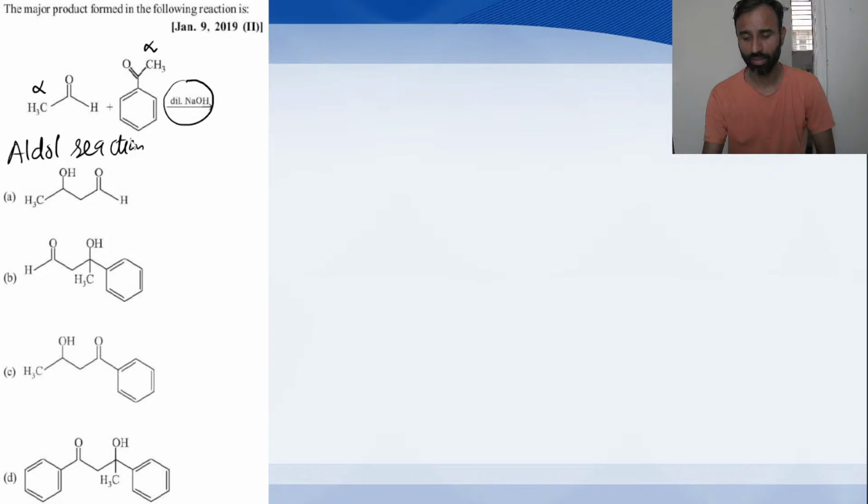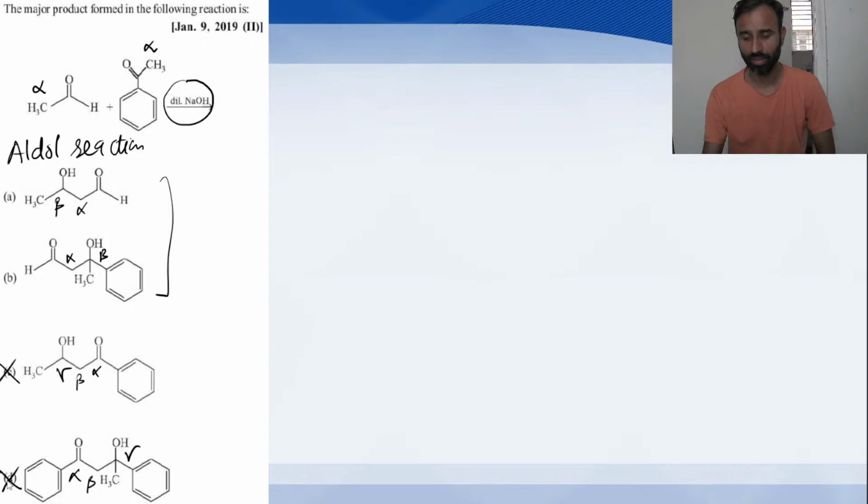Tell me, what is the product formed? Obviously, in the first case it is an alpha beta hydroxy aldehyde; this one is gamma, so it is not the product. Next one, alpha beta gamma, not the product. So A and B, out of these two, have the product.